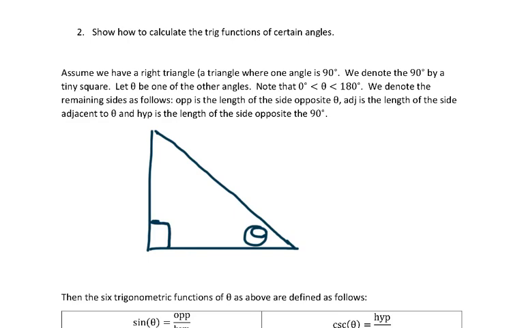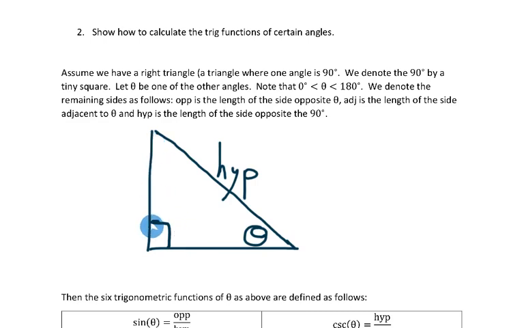Now, we have these three sides here, as you can see. The side that's opposite the 90-degree angle here is the hypotenuse, denoted by HYP. So HYP is the length of the hypotenuse, which again is the side opposite the 90-degree angle.